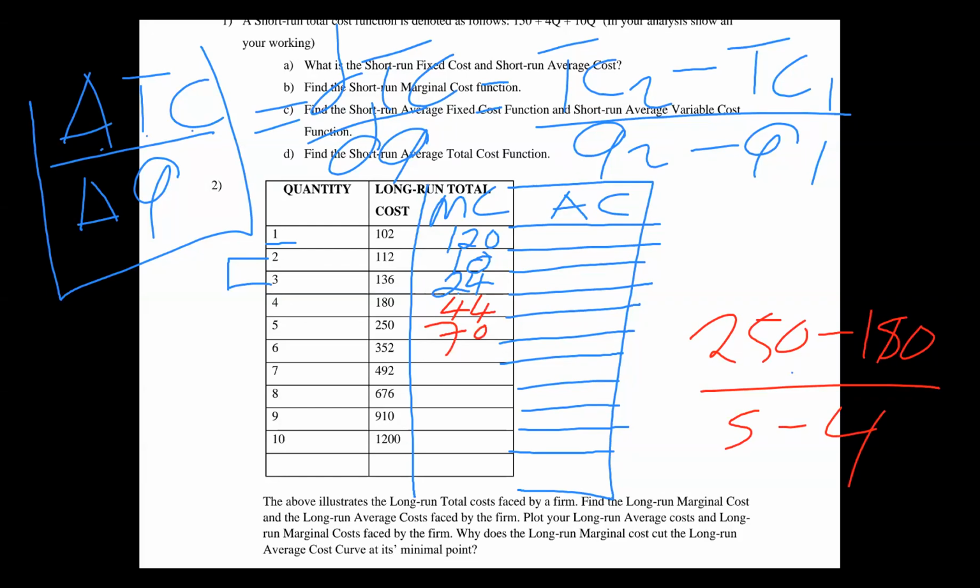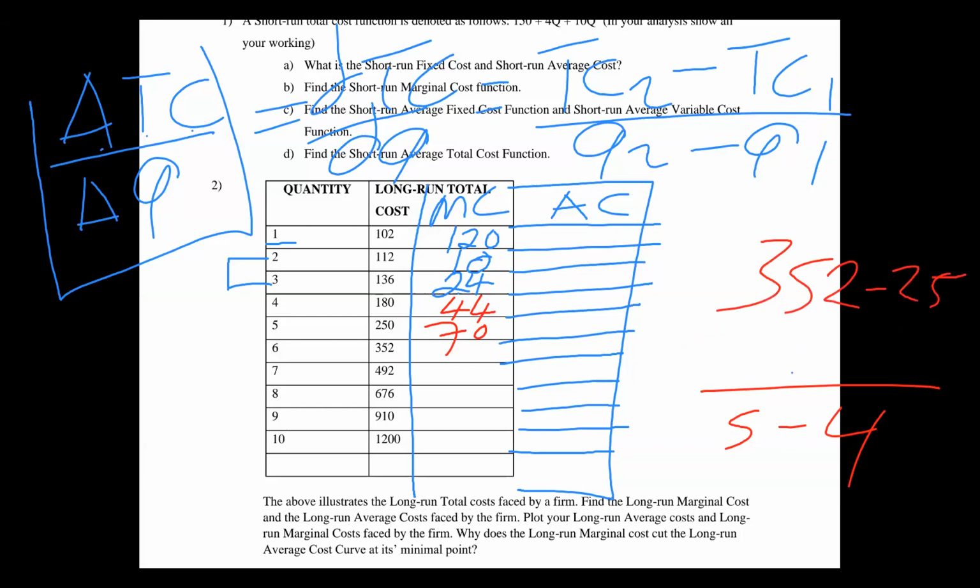And 352 minus 250 is 102. And we go ahead, 492 minus 352.